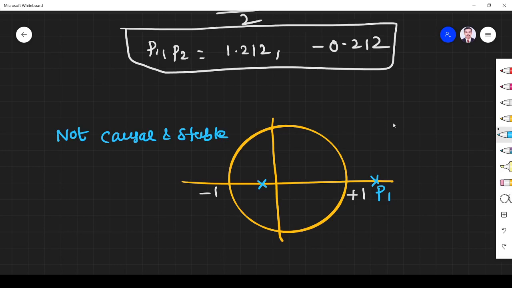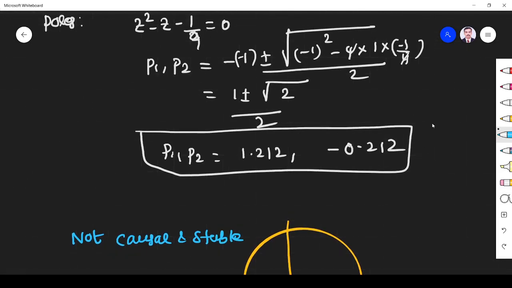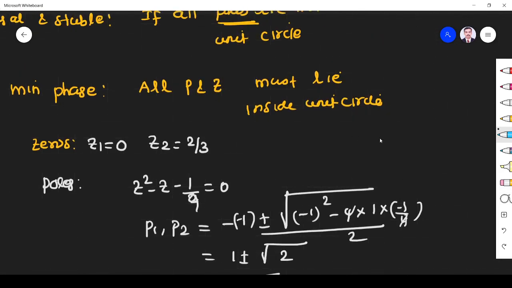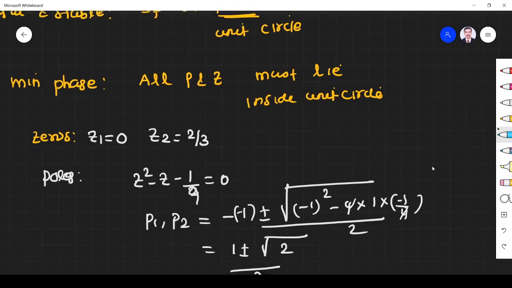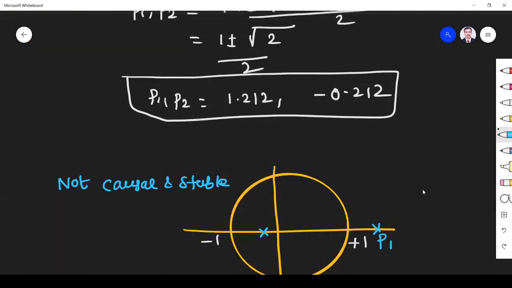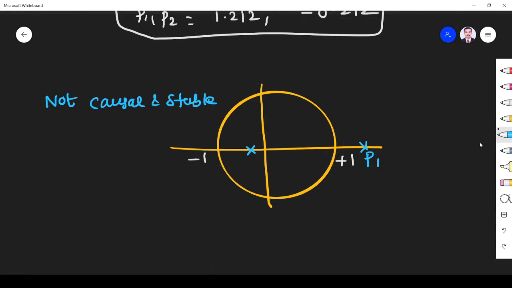What about minimum phase system? For minimum phase system, all the poles and zeros must lie inside the unit circle. What about zeros here? Zeros lie at 0 and 2 by 3. Right? One zero at 0. Another zero at 2 by 3. 2 by 3 is nothing but 0.66, maybe here.